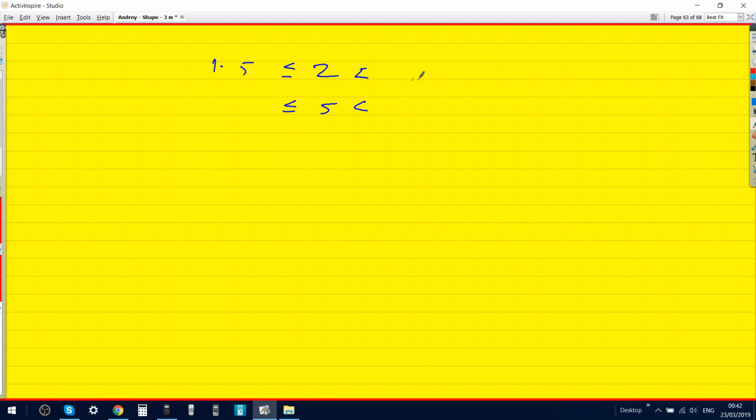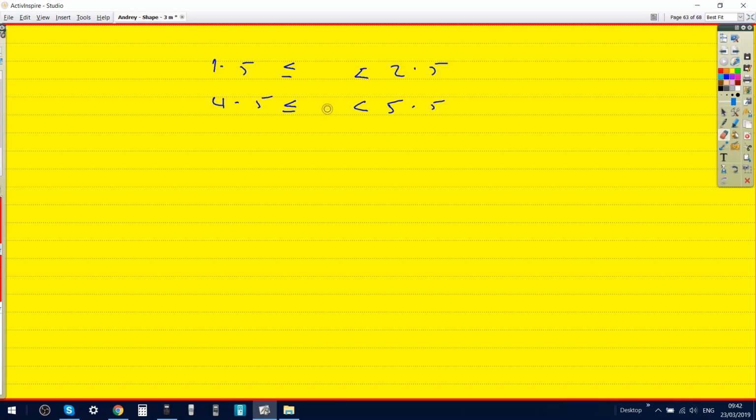This is 1.5. This is 2.5. This is 5.5 and 4.5. Let's call this x. That's y. What is y over x? What's the biggest number you can make? What's the smallest number you can make?